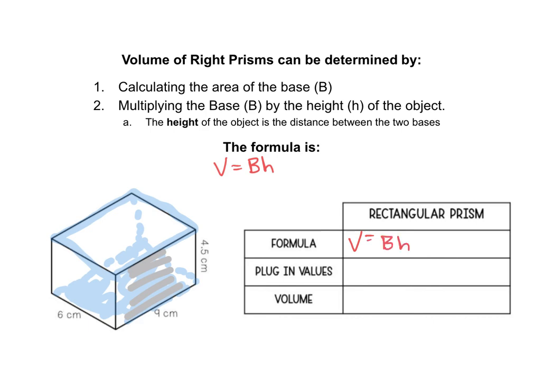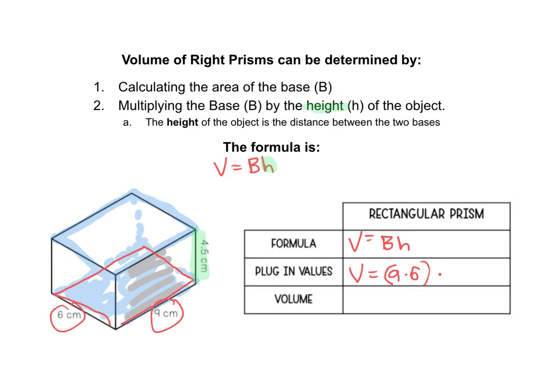And so here, when we plug in our values, our base has dimensions of 9 times 6, there's our 9, and there's our 6. And that is going to be multiplied by the height of this figure. In this case, our height is this 4.5 right here.